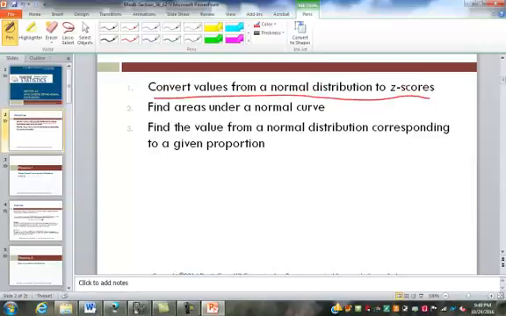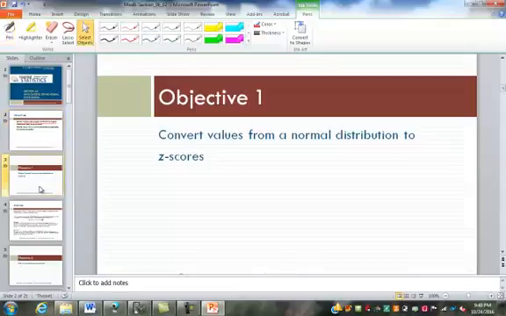If we wanted to use the table, we would have to do that. We've got the calculator now, so we don't have to do that. Then we can find our area under the curve. We can also find the actual data value from a probability or a percent by finding the z-score and converting it up. Again, the calculator will do that conversion for us. So we're going to start by converting values from a normal distribution to z-scores.